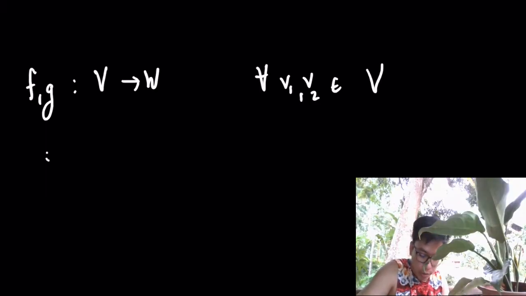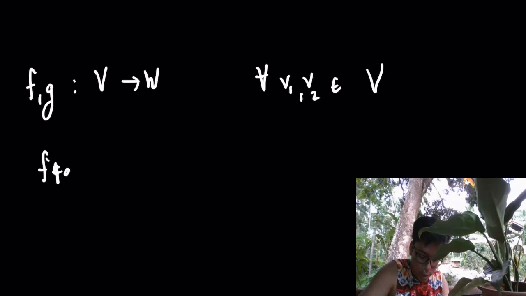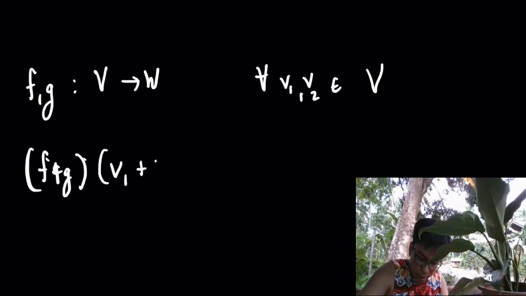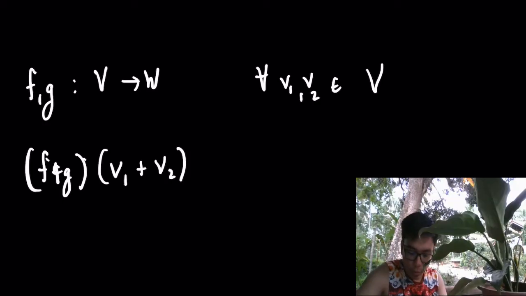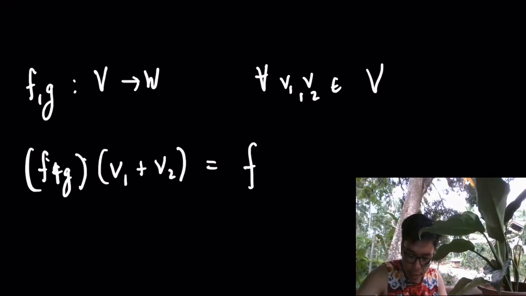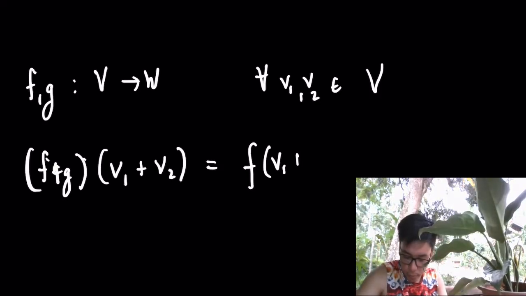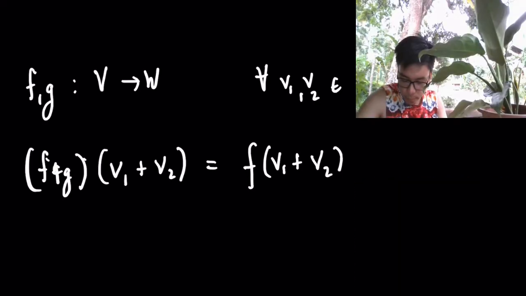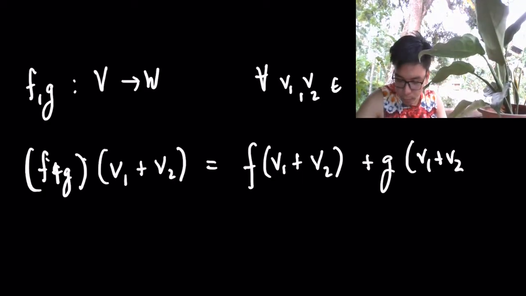If you're interested in getting the sum of f and g, whether it's a linear transformation or not, we would have (f plus g) of (v1 plus v2). Remember that by the definition of a function, I can separate this like this. So this is by the definition of a function.